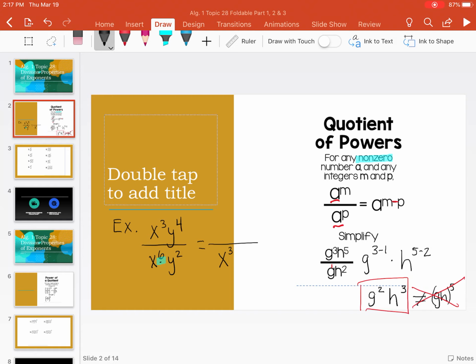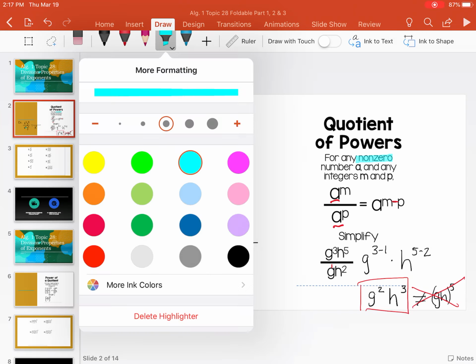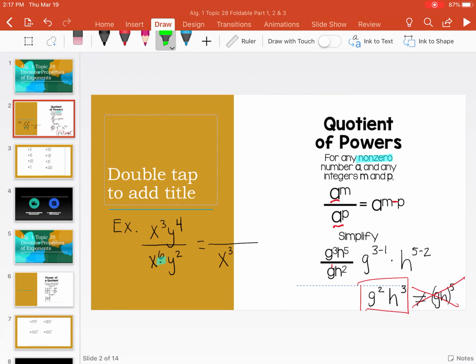For y, we can do y to the 4th divided by y squared. Since 4 is our bigger number here and it's in the numerator, we're going to write our answer in the numerator. So 4 minus 2 is 2.